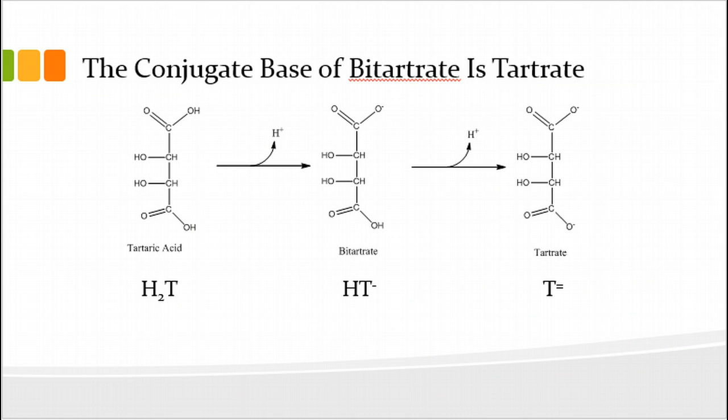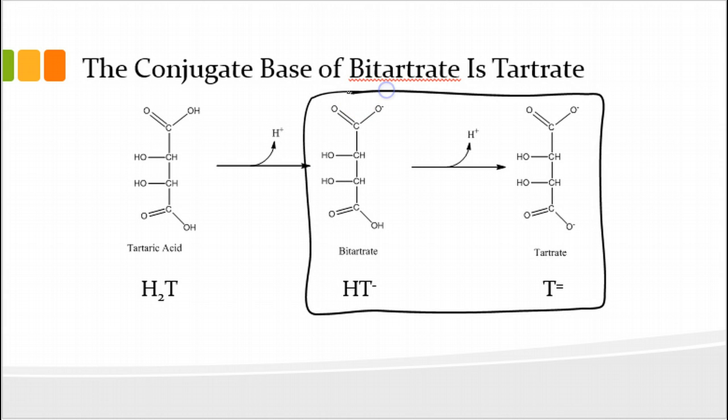Right, so if we go on from bitartrate to how it becomes tartrate, and we take the equilibrium between these two species, the acid is bitartrate, and the conjugate base is tartrate. It's because, again, we've lost an acidic proton. We end up with that negatively charged oxygen right there.